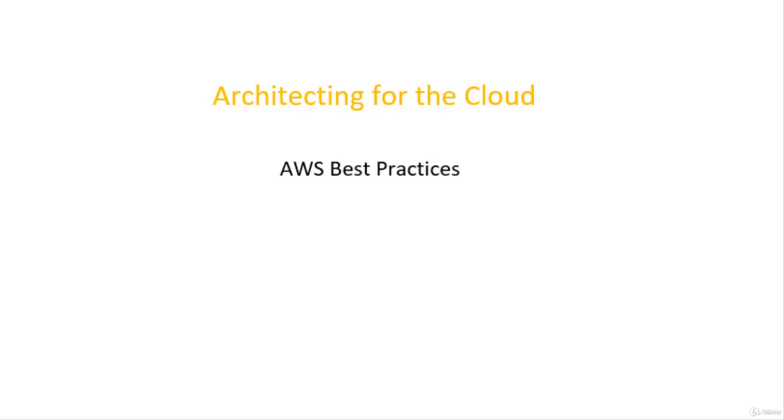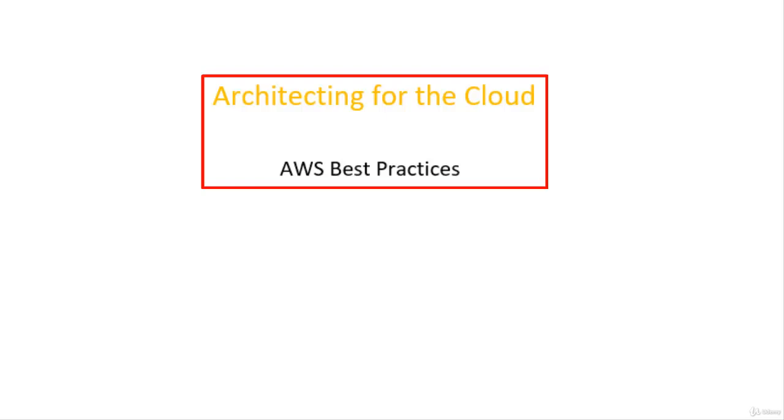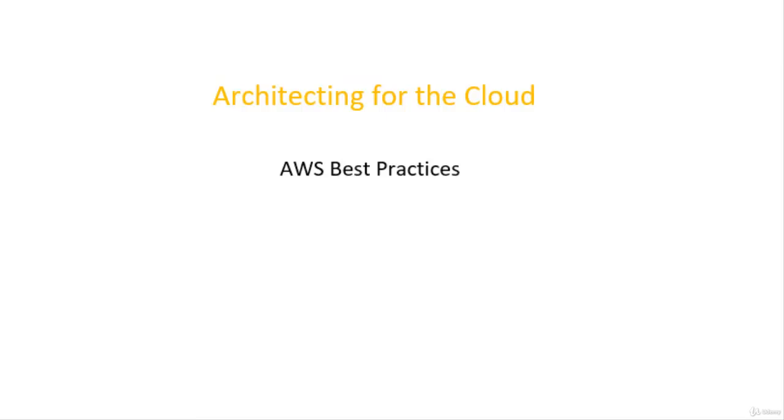In this video, we will discuss how to architect AWS infrastructure and what are the best practices that we can follow to get the maximum out of AWS. While migrating applications to AWS, even without significant changes, an approach known as lift and shift, it provides organizations the benefits of a secured and cost efficient infrastructure.